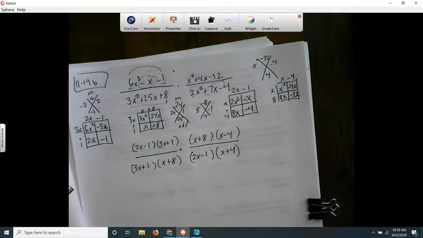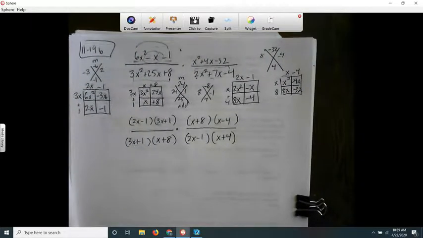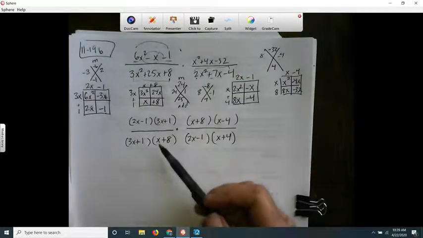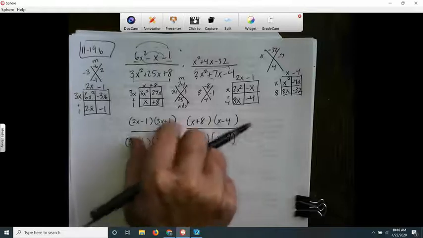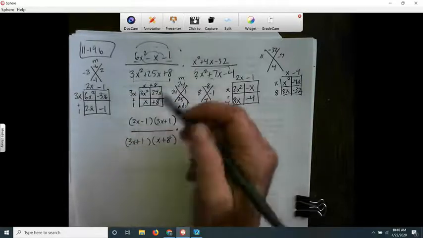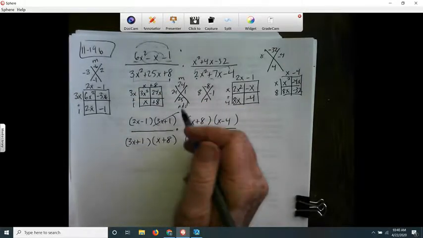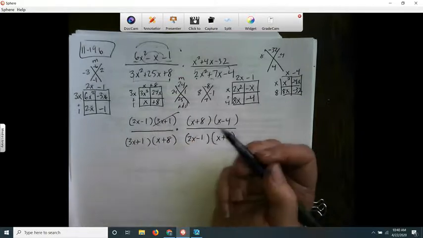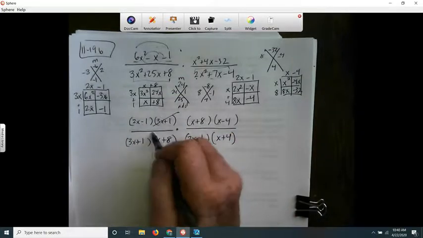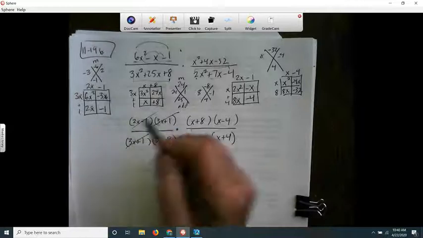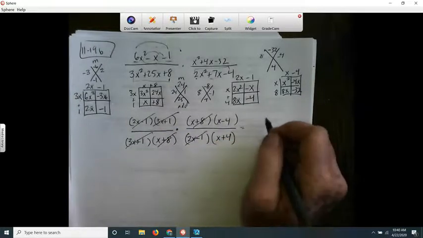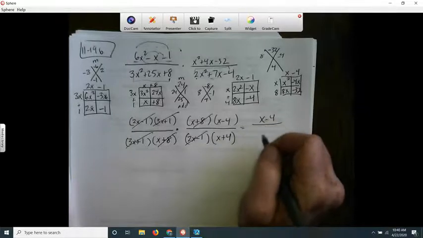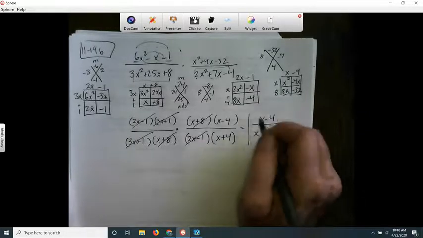Okay, so there's that. All pretty simple, right? Look at that crazy thing. So then we're going to go ahead and cancel things out. If I rearrange them, I could move this one out in front, and it'd be a giant 1, but I'm just going to cancel out. Any numerator will cancel out with any denominator when you're multiplying. So those 2 cancel out, those 2 cancel out, those 2 cancel out, and I get x minus 4 over x plus 4.